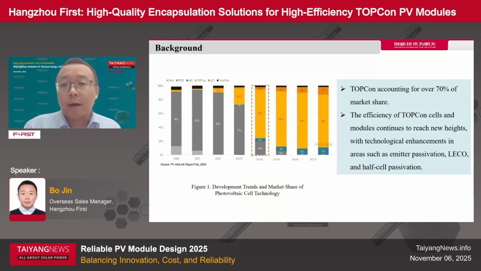So at the moment, the TOPCon is dominating in the market, and for the TOPCon modules, the market needs higher efficiency TOPCon cells, and from the technology perspective, it is still developing, and it also needs better encapsulation solutions for the reliability.